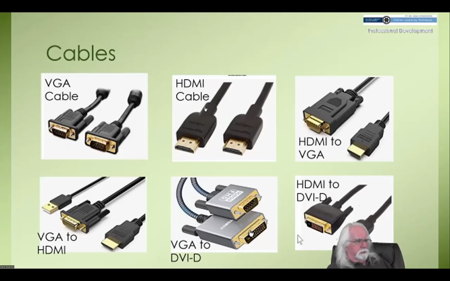The simplest situation, of course, is when the connector on the back of the computer or the side of the computer, whether it's a laptop or a desktop, is the same as one of the ones available on the monitor. Typically, monitors will have at least a couple of different options so they'll connect to more than one type of computer.